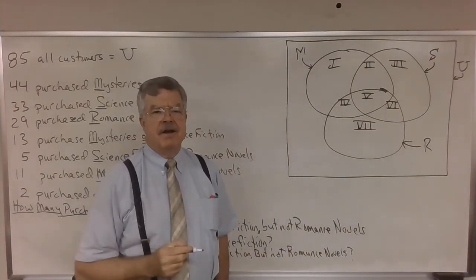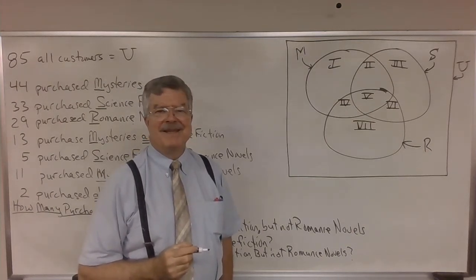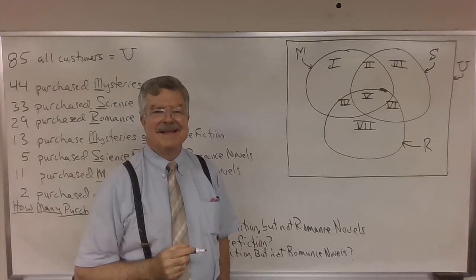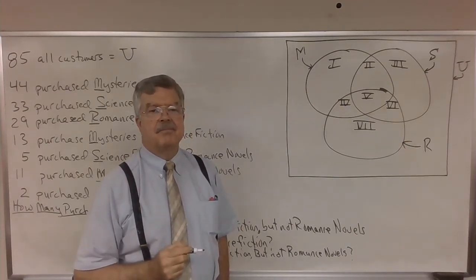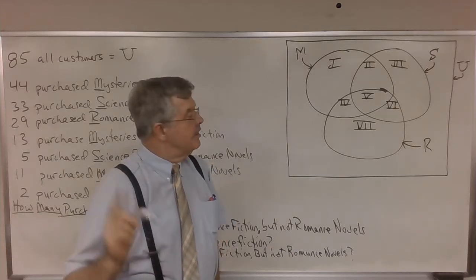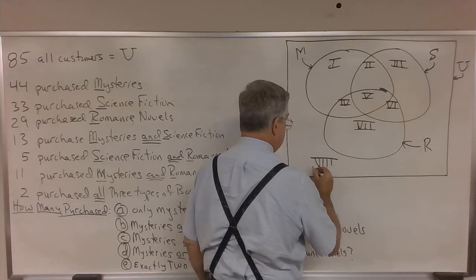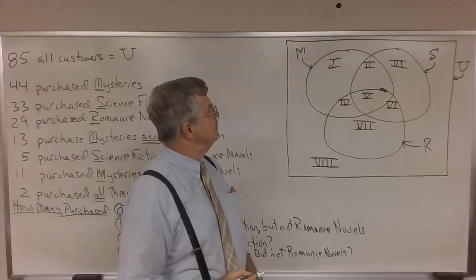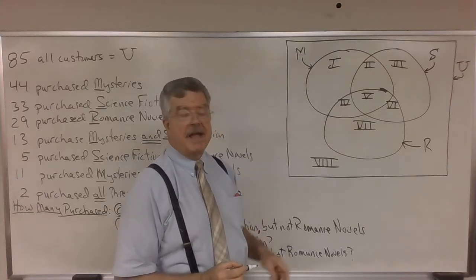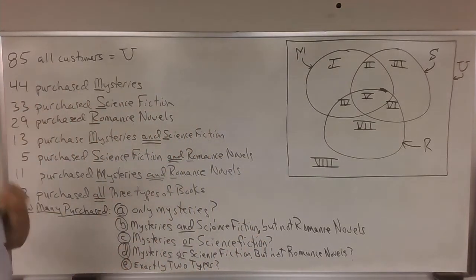There. Have I done it all? Have I left anything out? I think I have. What have I left out? Region 8. All of those people that don't belong to any of these other categories. Okay, that's my Venn diagram.